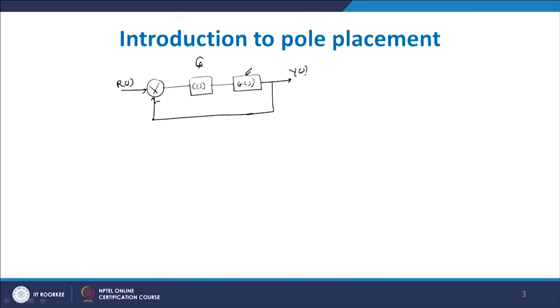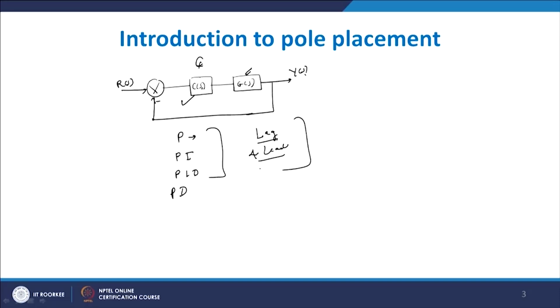Then without the controller, we have taken a feedback control system, still the performance is not satisfactory, and because of that we have designed this controller C of S. And we know that the classical controllers are P controller, that is proportional, then proportional integral, then PID, P, PI, PID, sometimes even a PD also. Other controllers are, say, lag and lead. These are the classical controllers.